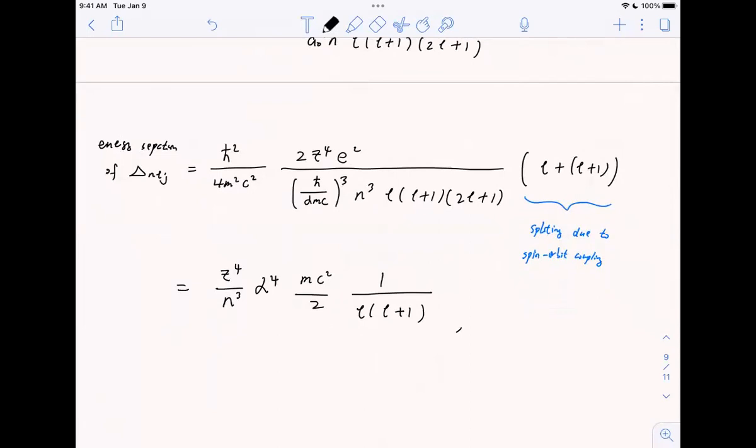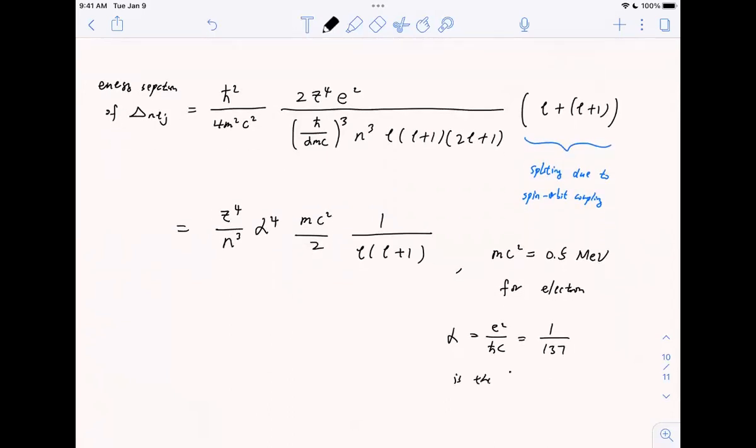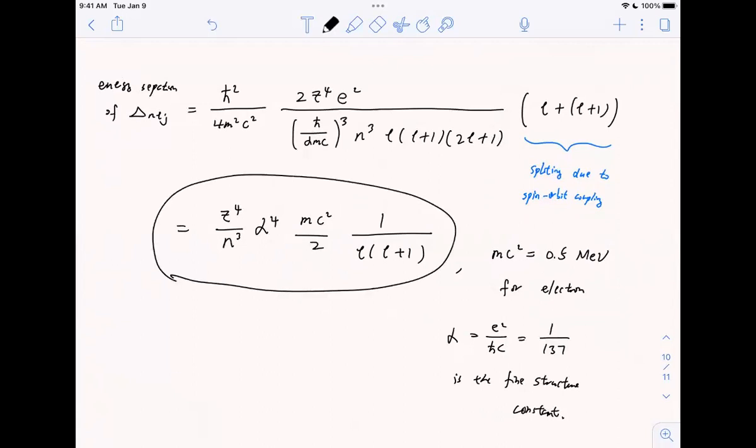Okay, so here mc squared equal to 0.5 mega electron volt for electron, and alpha the fine structure constant. Okay, so this is the splitting.